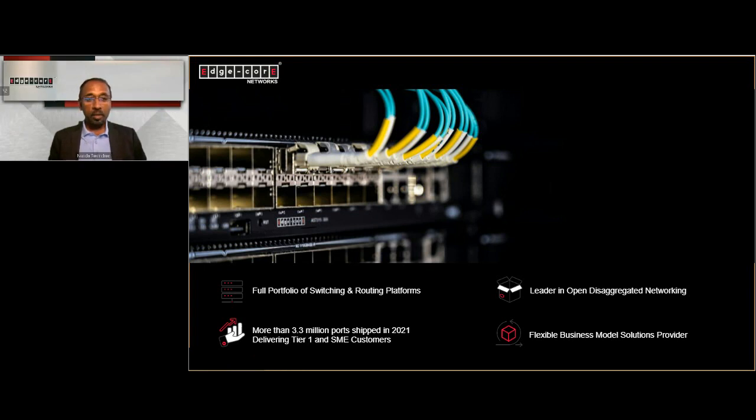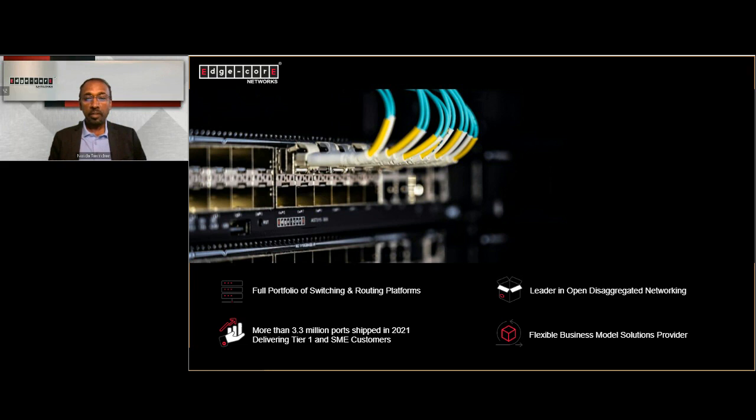So let me give a brief introduction about Edgecore Networks, as to who we are and what we do. Edgecore Networks is a full portfolio switching and routing platforms provider, meaning white box provider, and also solutions. We shipped more than 3.3 million ports last year.